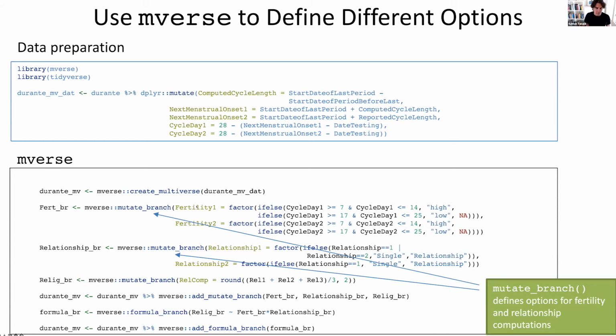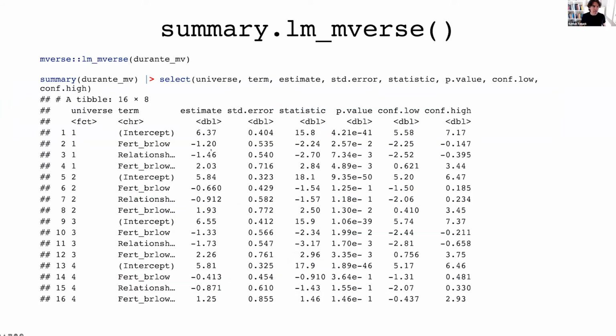And again, there'd be two options for fertility and two options for relationship, and then adding them to the multiverse, and then finally using the linear models function in Mverse to run all those regressions in one shot, and then it outputs a nice data frame that's familiar and easy to manipulate.